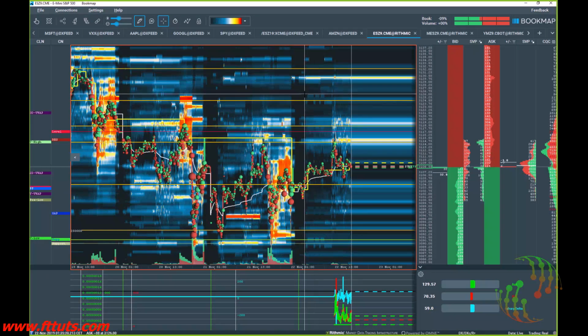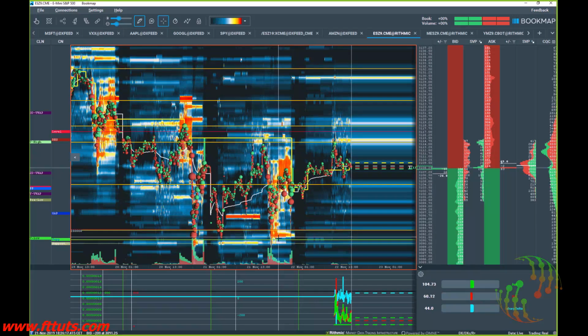And then you see that sometimes, or very often, the horizontal lines you have drawn in your chart come together with the liquidity areas, the high liquidity areas of the days before.